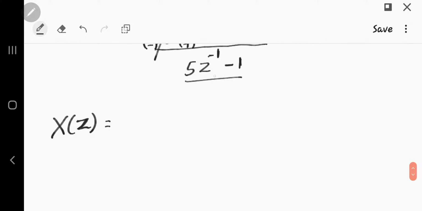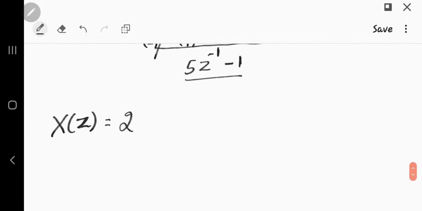Now this has to be written in the proper order. So minus 1 plus 5 z inverse, because we rearranged while performing this long division process. And before considering the remainder, first you have to write the quotient here.